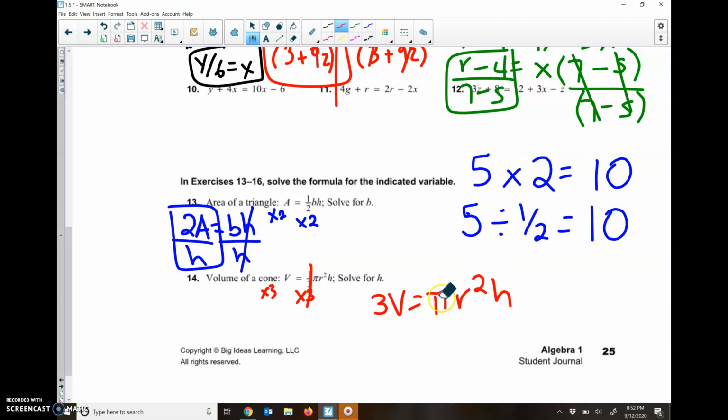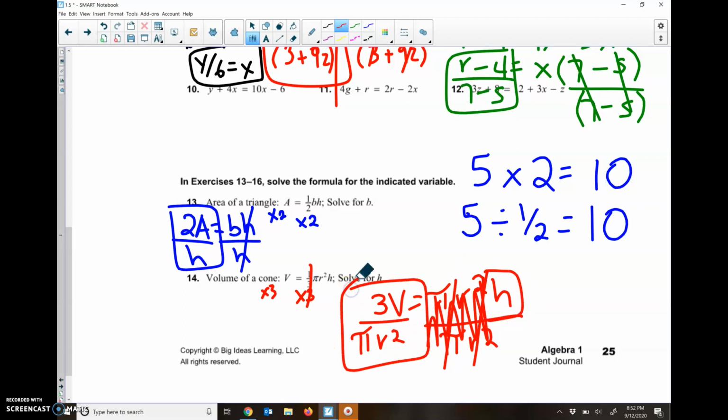They're all being multiplied, so I'm going to do the opposite of multiply and divide both sides by pi and r squared. Those cancel, and I'm just left with my h. So h equals 3v divided by pi r squared.